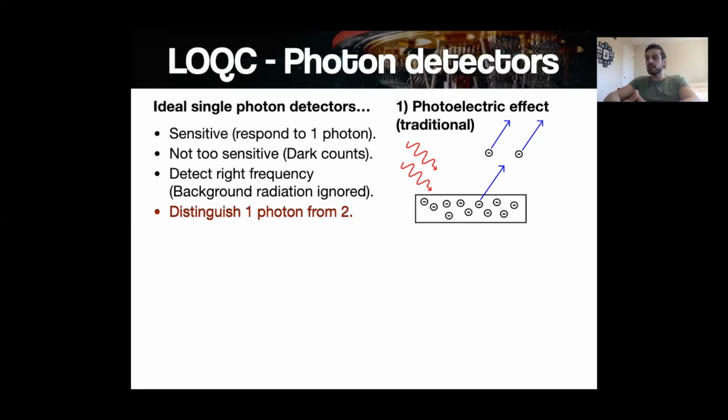Traditionally, how has that been done? It's sort of funny to call this traditional because it's Einstein, and people associate Einstein with modern. But anyways, the first way to do it is the photoelectric effect. You have a metal plate loaded with electrons, and you shine light on it.